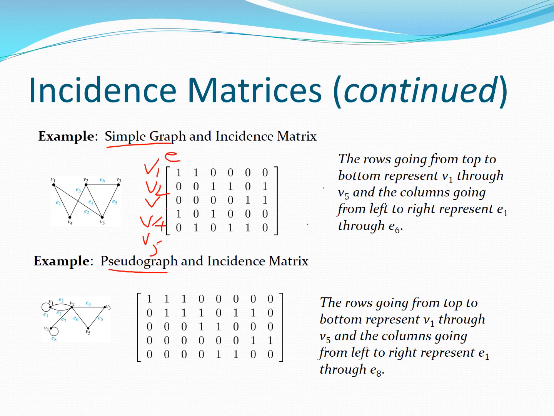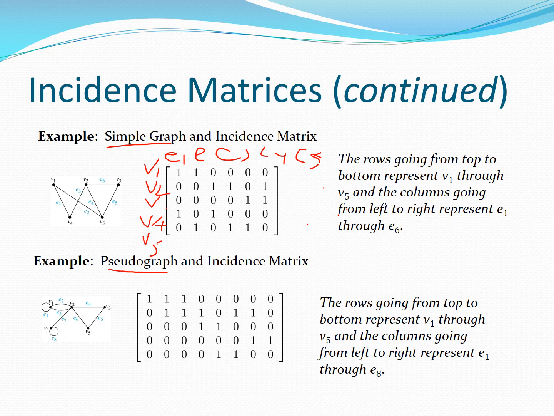You have E1, E2, then you have E3, E4, and E5 along the columns.